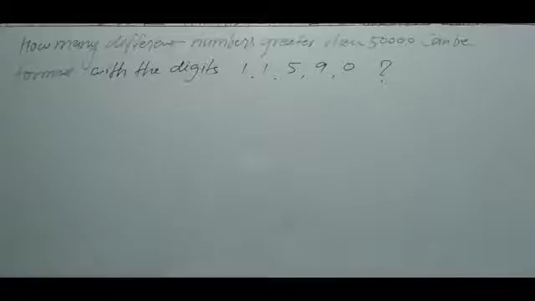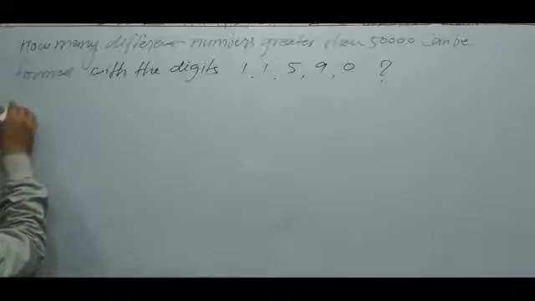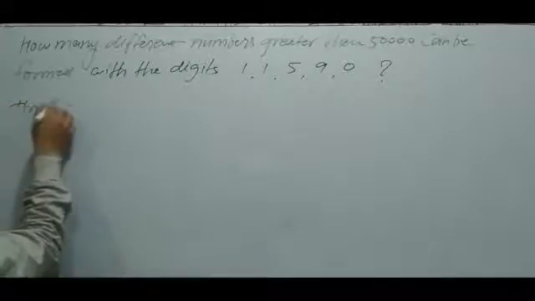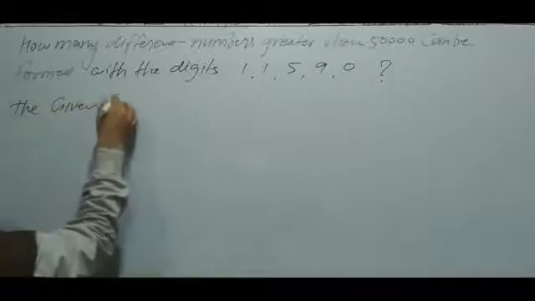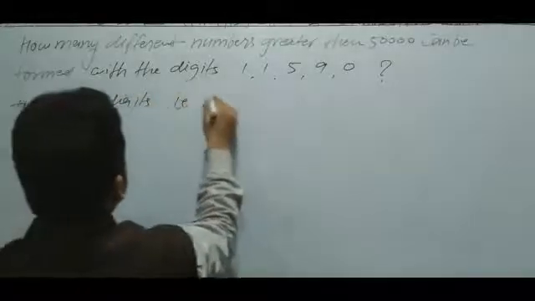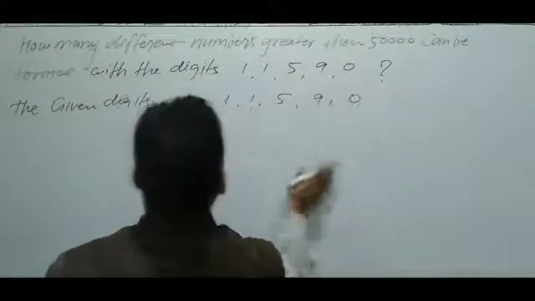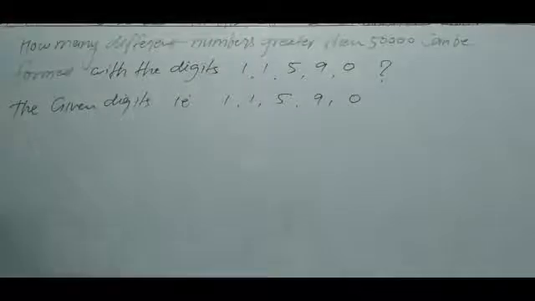There are given digits, that is 5 digits. So the given digits, that is 11590. We have to make numbers greater than 50,000.